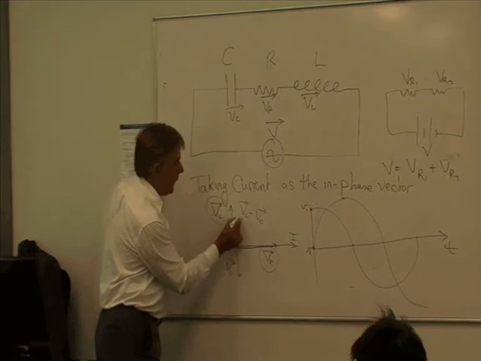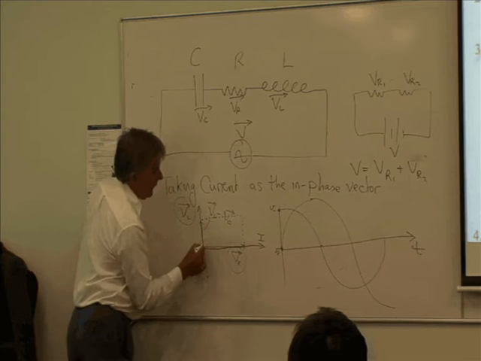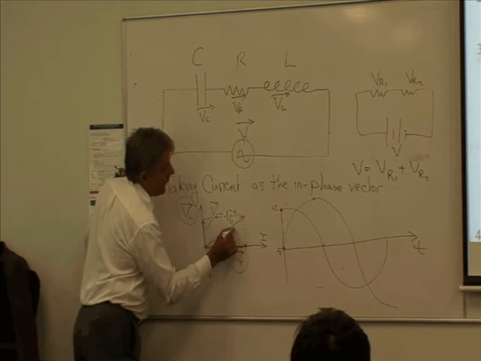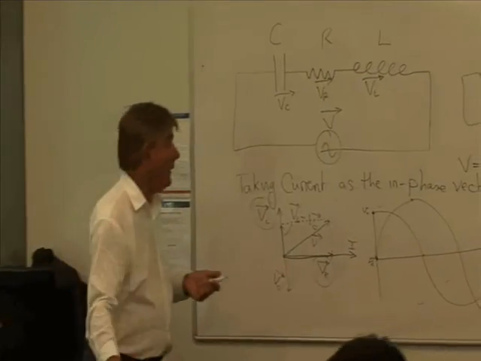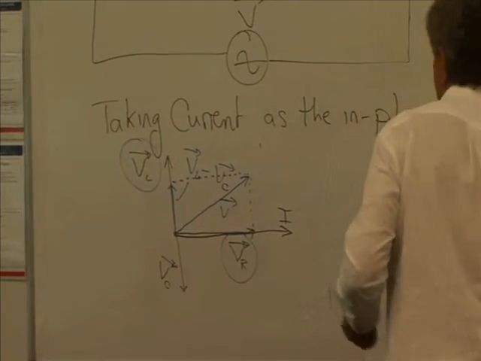Now we can put a dotted line along, and there's the voltage we apply to the circuit. So getting back to the calculation now, we want the impedance of this circuit.